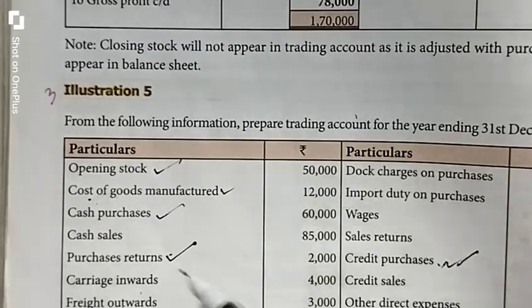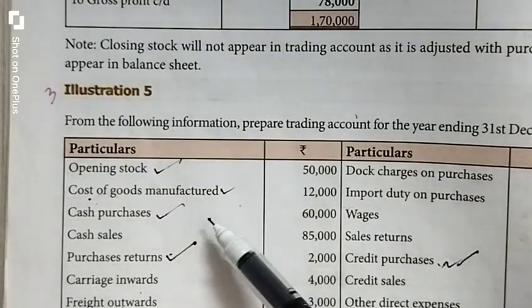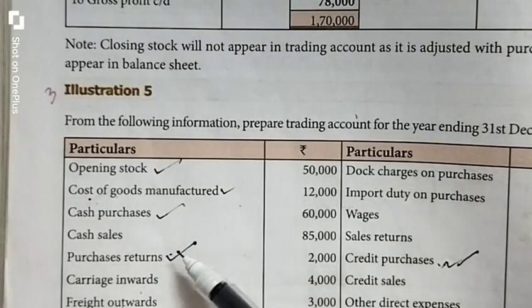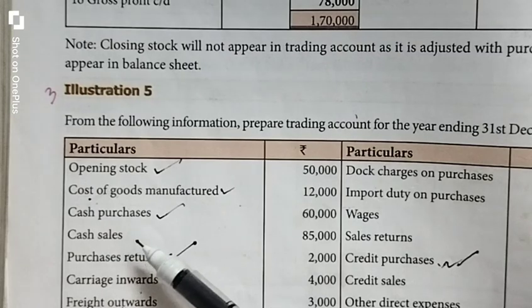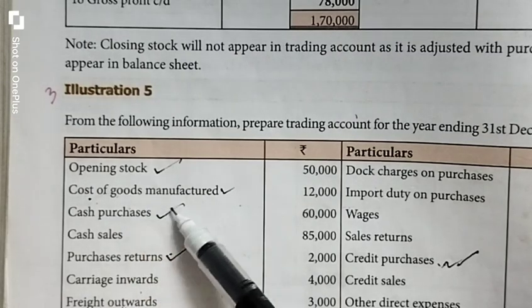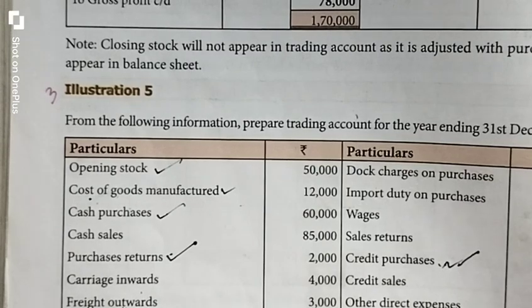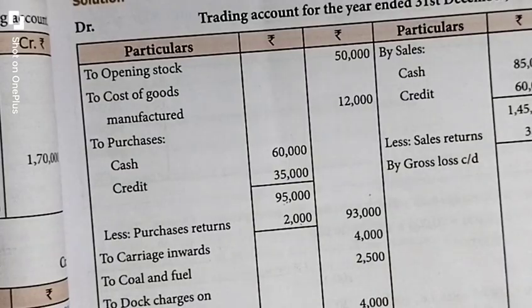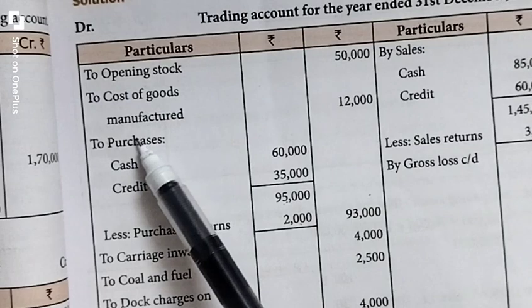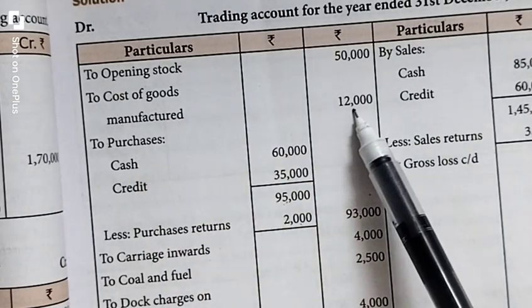Cost of goods manufactured and all the direct expenses related to the purchases of goods are to be entered on the debit side. So, To Cost of Goods Manufactured 12,000 rupees is entered in the outer amount column.